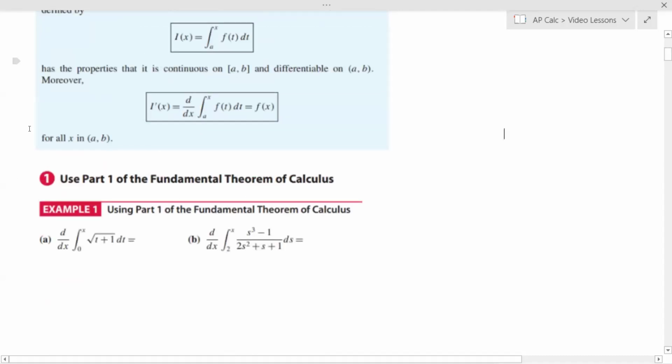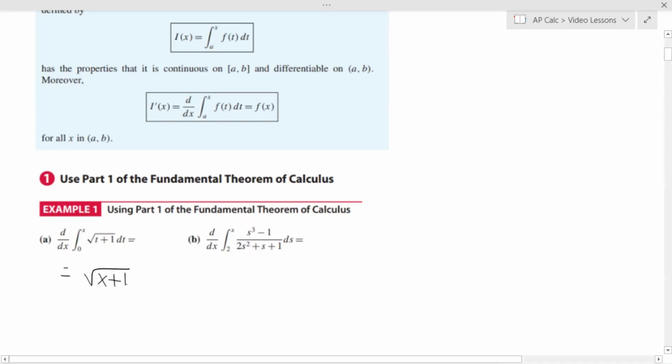Part one is basically saying just take the derivative with respect to x of the integral from 0 to x of the square root of t plus 1 dt. No real work is needed here. We're just going to apply the theorem, and so this is equal to the square root of x plus 1.